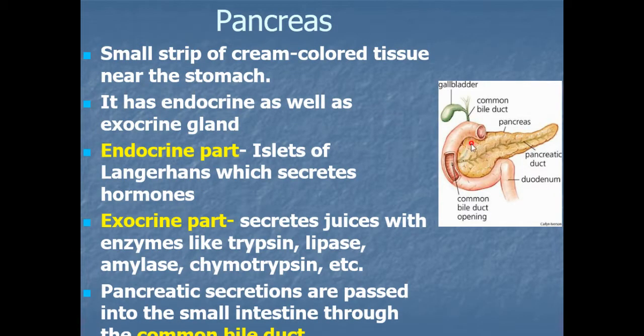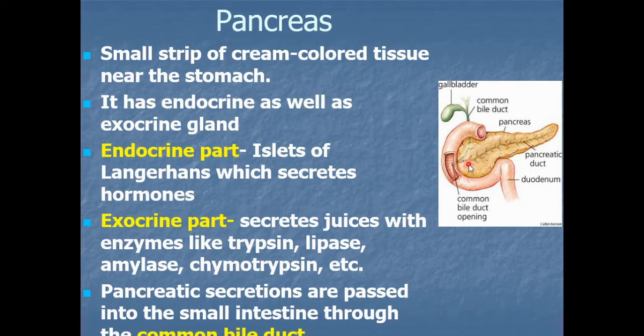The next important gland is the pancreas. This is the pancreas, cream colored tissue near the stomach. It is both endocrine as well as exocrine in function. Endocrine means it releases hormones, and the exocrine part secretes juices with enzymes like trypsin, which helps in digestion of protein. Chymotrypsin also helps in the digestion of protein.